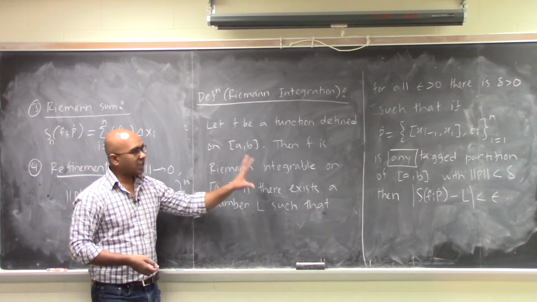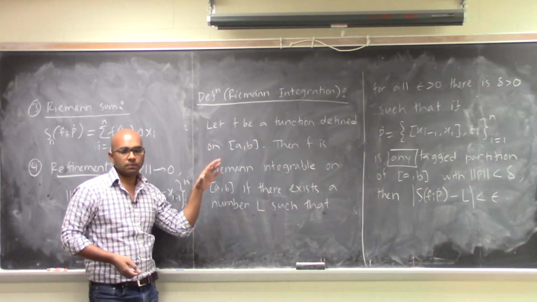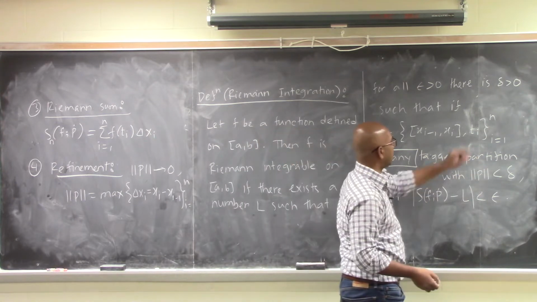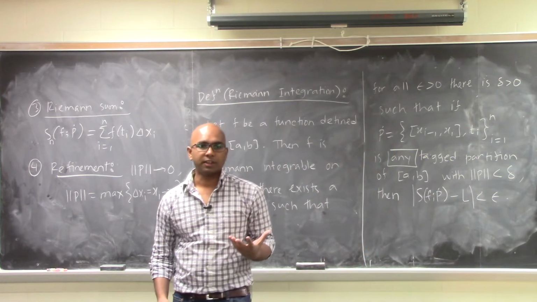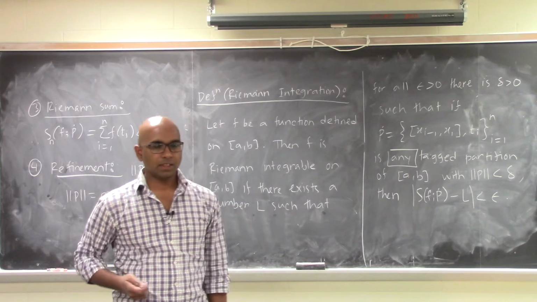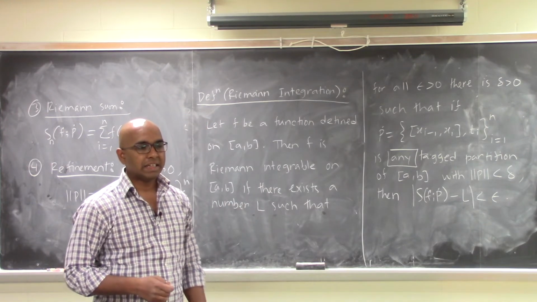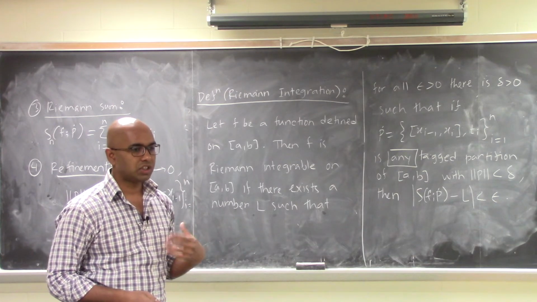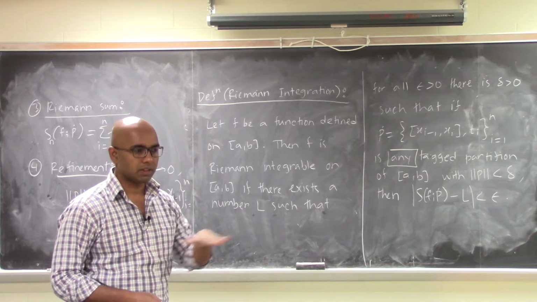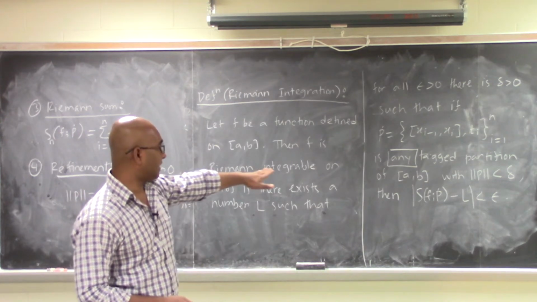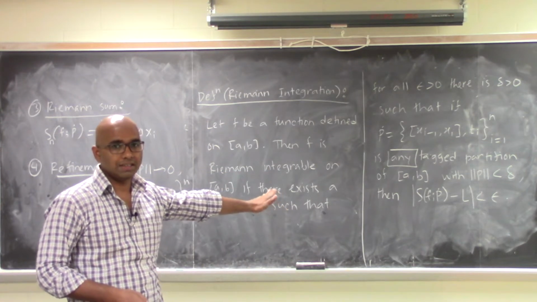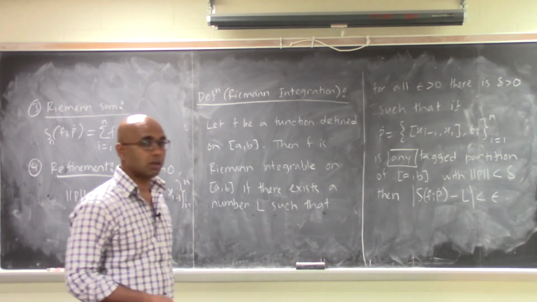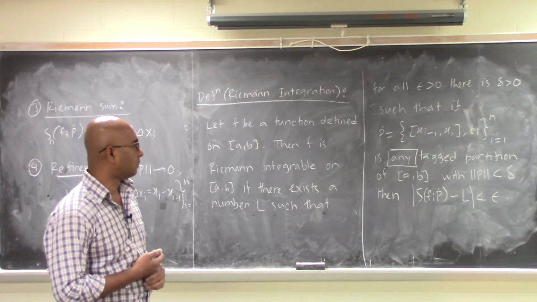So this should be satisfied by all the tagged partitions having norm less than delta. But how many tagged partitions are there? Infinitely many, right? It is really hard to check integrability. We can check differentiability of a function from the limit of the difference quotient, but this is huge. It's not easy to figure out whether a function is integrable or not from this definition.